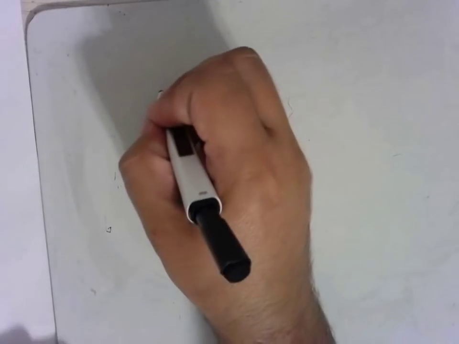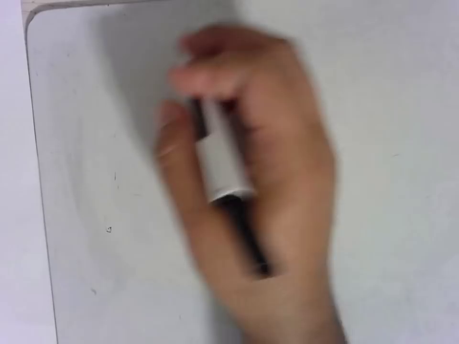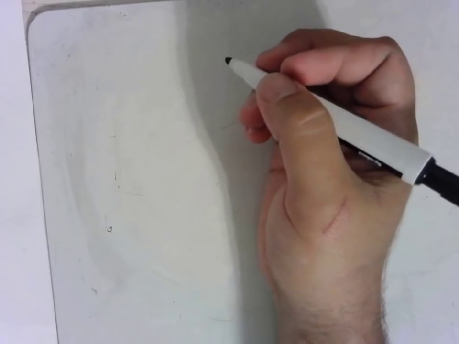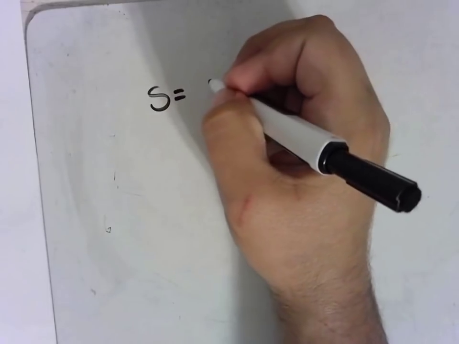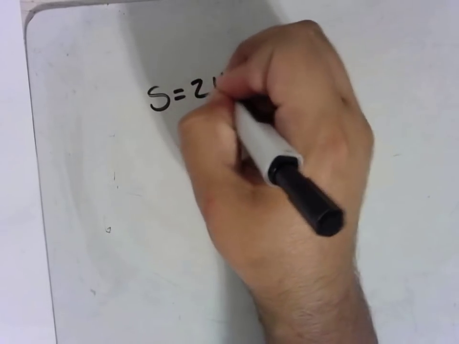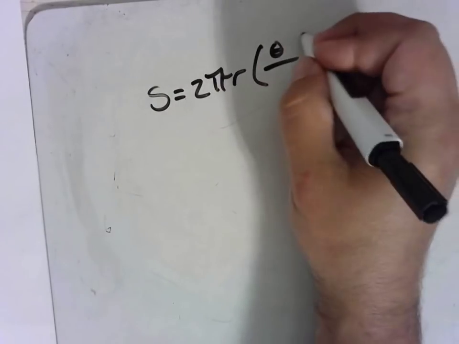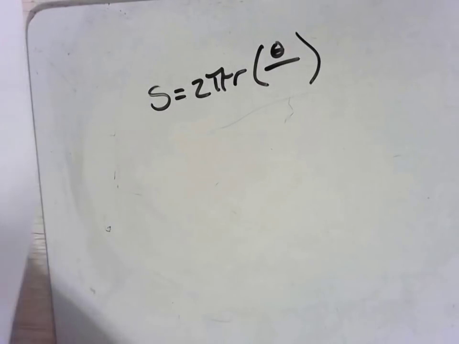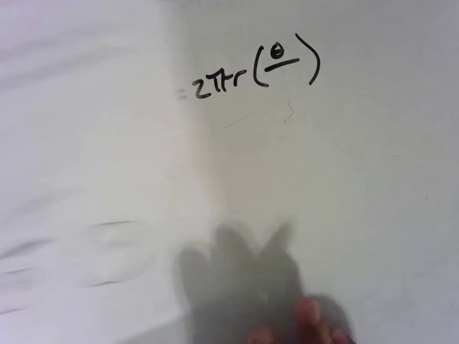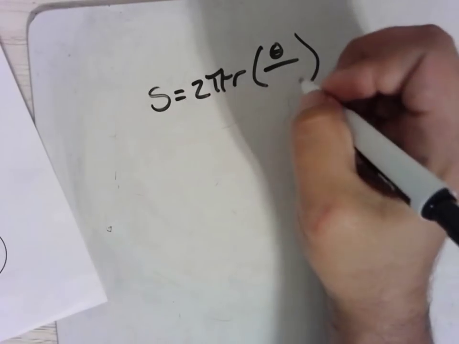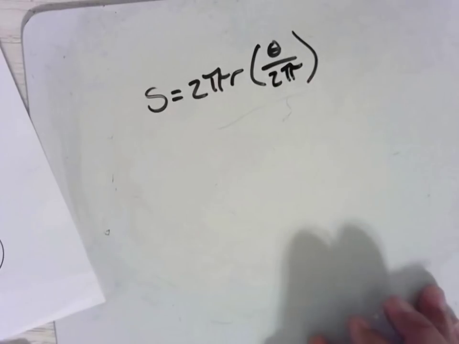So using the arc length, which is equal to 2 pi r times theta over, normally I would say 360, but they told us in the directions that this is radians. Radians is not measured in 360 degrees. The whole circle in radians is 2 pi.